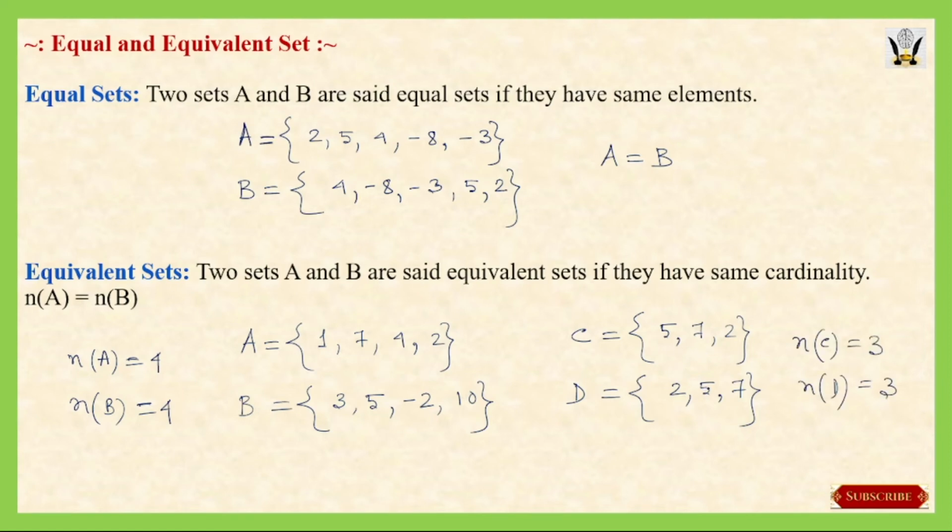So all equal sets will be equivalent sets also, but all equivalent sets may or may not be equal sets. That is our conclusion from this concept.